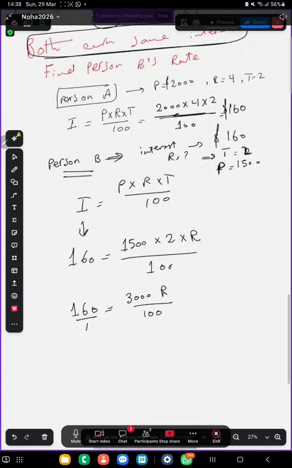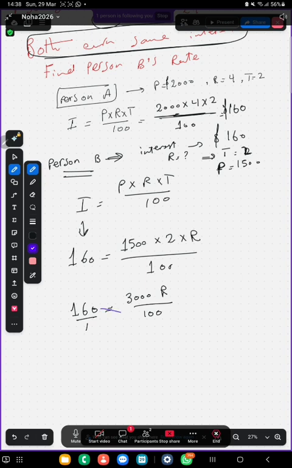From here you can use the proportion and the cross multiplication. Do you remember it? If you want to get 3,000 R, it will be equal to 160 times 100, which is 16,000. Now you can cancel two zeros with two zeros.